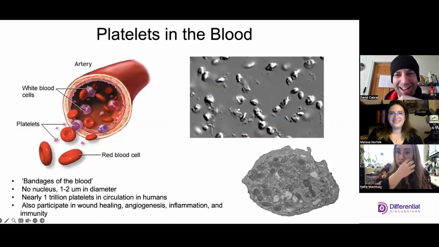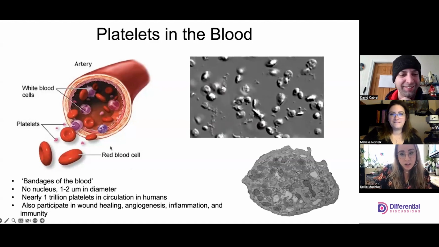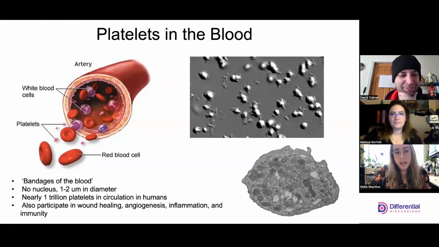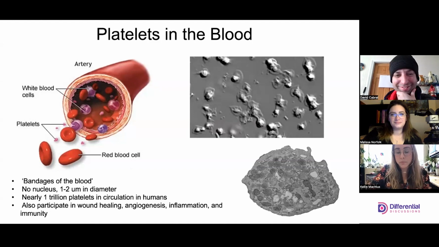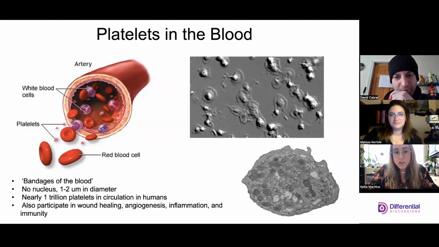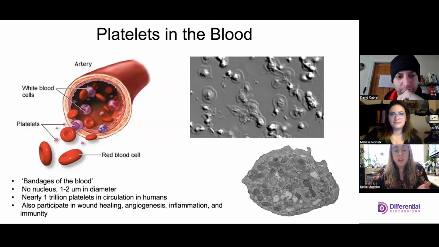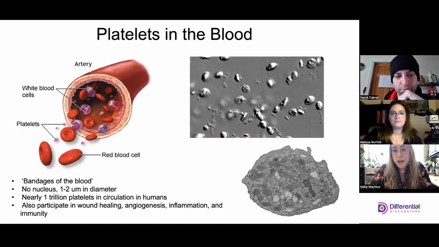Okay, so we just start with platelets in the blood. I think if you know anything about platelets, then you probably know them as the bandages of the blood, because we think of their full-time job as stopping you from bleeding. If you have vascular damage, if you have a cut, the blood clot is initiated by platelets.